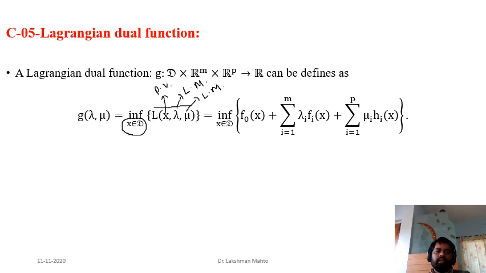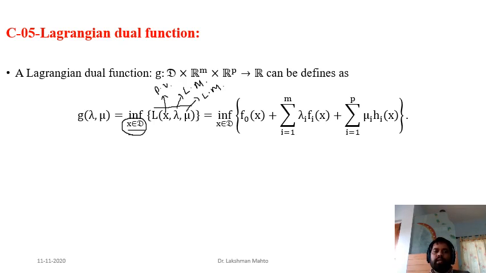So we are minimizing the Lagrangian, remember, only with respect to the primal variable. When we minimize, we are not doing anything with lambda and mu, we are just minimizing with respect to x. So you can say that you are simply trying to eliminate x in terms of lambda and mu.